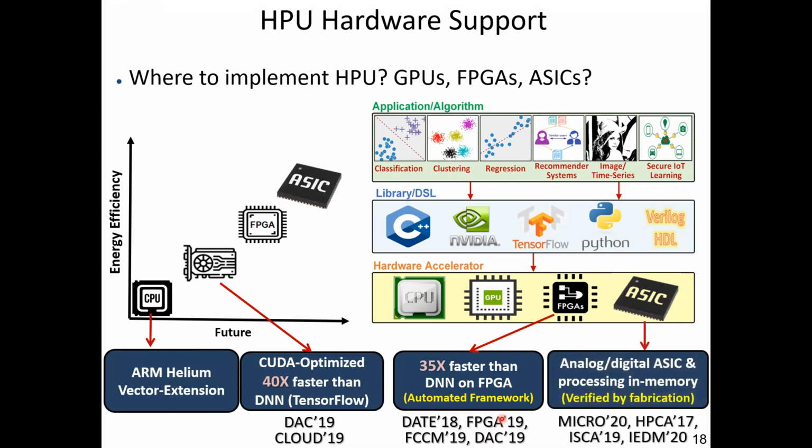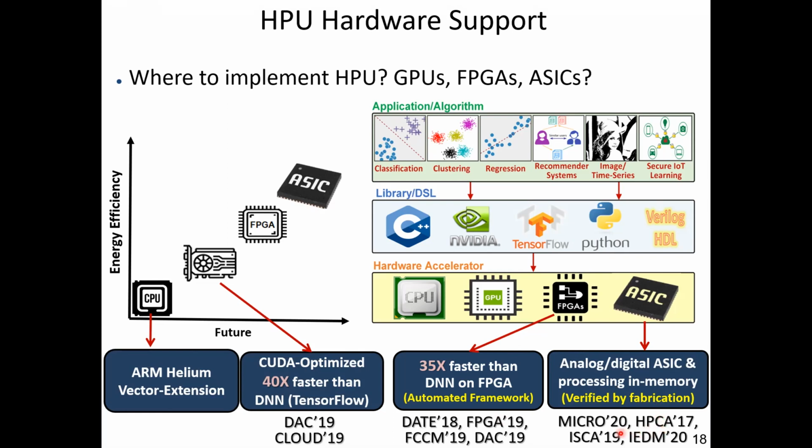But if you really want to get the advantage of HD, we can go to ASIC design or processing in memory, because we have a memory-centric feature and we can exploit it to enable approximate computing and the highly parallel computation required to process HD computing. We have done a lot of work designing new hardware platforms for HD computing over the last 4 or 5 years.